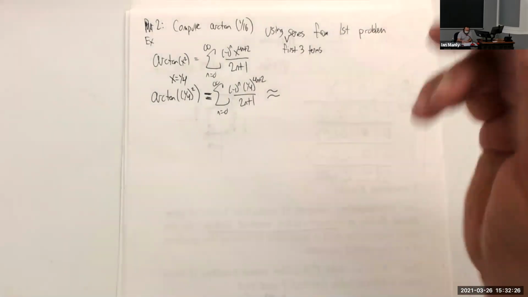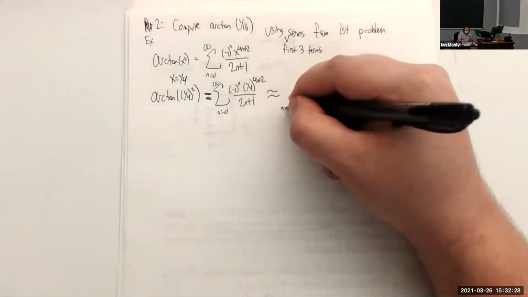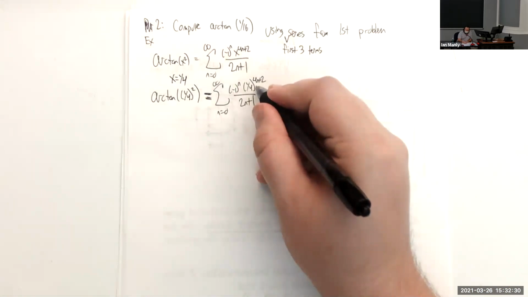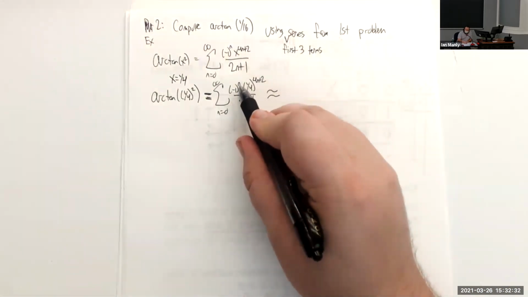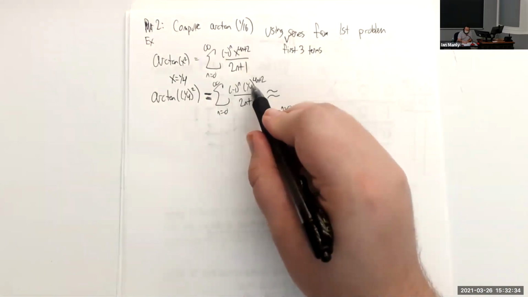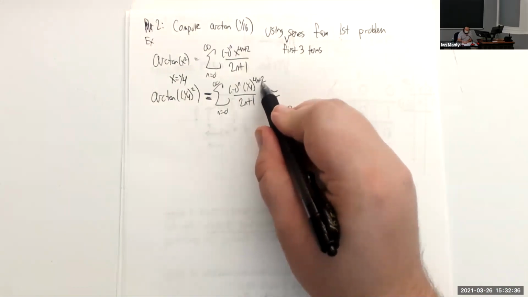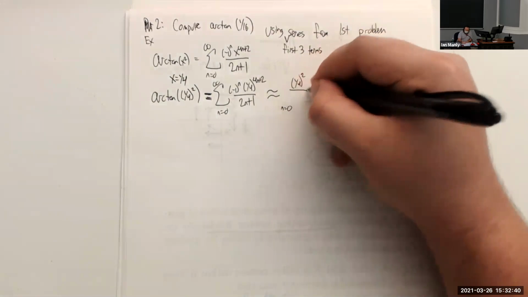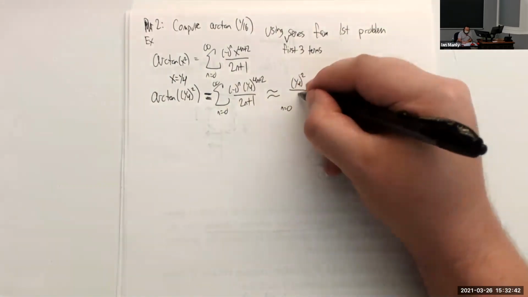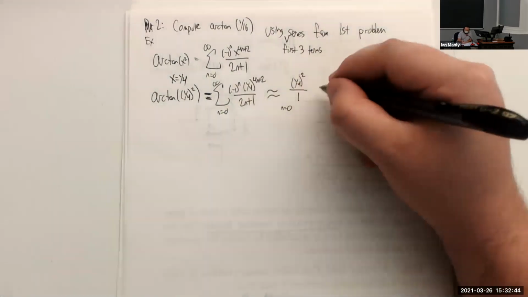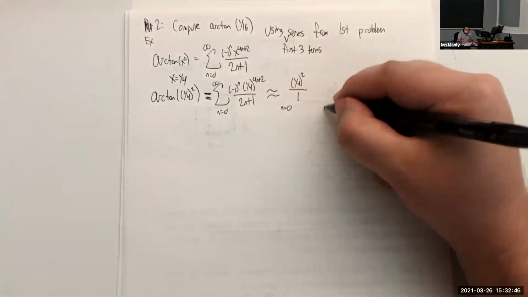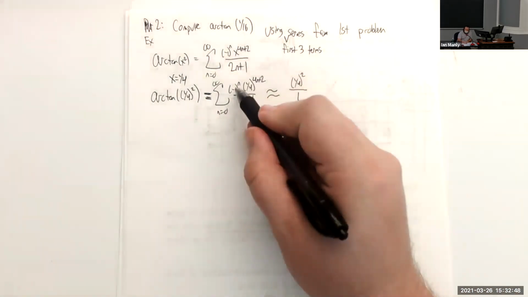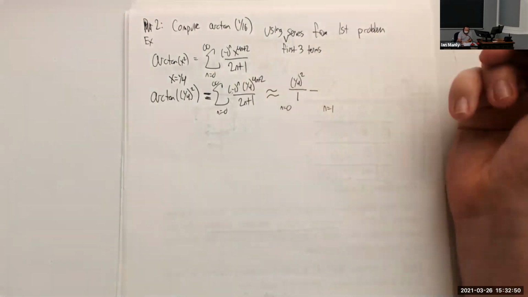So let's do that. I'm going to plug in n equals 0. (-1)^0 is 1. (1/4)^(0+2) is (1/4) squared. And then I plug 0 into the denominator and I get 1. So that was the n equals 0 term. Next, I have n equals 1. So I have a -1 here, so that's a minus.